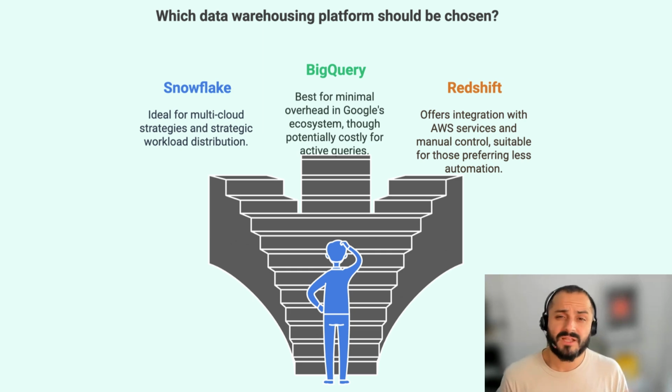But if you're an AWS-first shop, maybe that isn't your highest priority. BigQuery's serverless model can be superb if you want minimal overhead and enjoy Google's ecosystem, but it can become more expensive for extremely active query workloads if you're not using flat rate pricing.